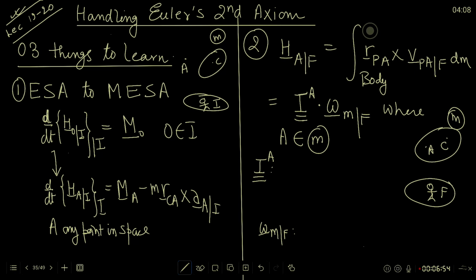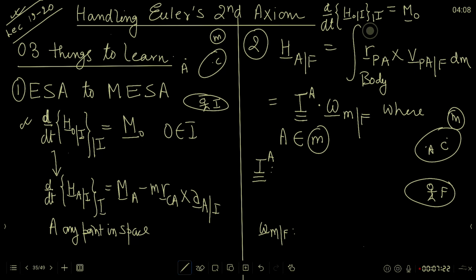Euler's second axiom is this: rate of change of angular momentum of a body with respect to an inertial reference frame must be equal to the net moment due to all external forces about that point O. Well, I have it written here also.